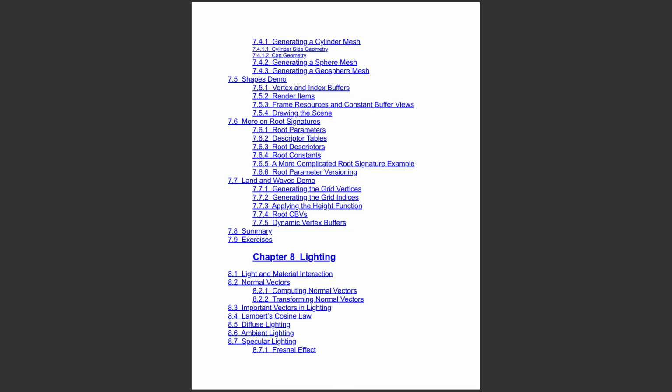And then we'll be talking about root CBVs, which are constant buffer views, as well as dynamic vertex buffers, which I really need to learn. My vertex buffering with my old programs has always had this massive bug where, unintendedly, whenever you add something to the scene, and sometimes even if you remove something from the scene, the whole vertex buffer and resources involved have to be rewritten from scratch.